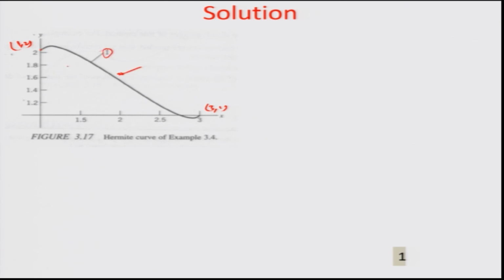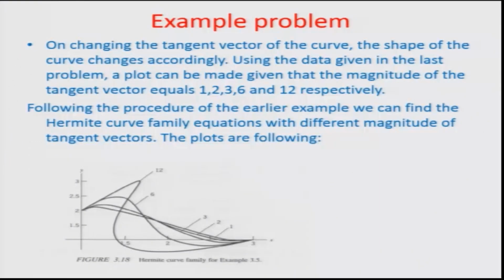What is also very interesting here is that if we wanted to vary the magnitude of the tangent vector from 1 to multiple values including 2, 3, 6 and 12, then a family of curves would be generated, something like this, where this is the initial value 1 which you saw earlier, this is the curve corresponding to the value of 2, then again 3 and 6 and 12.